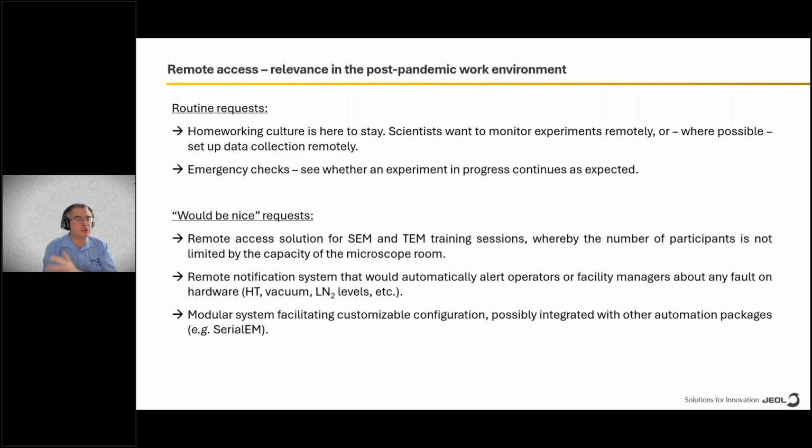We don't need access to all of the options, because certainly no one is going to apply aberration-free image shift while driving. That should not be allowed. But things like blank the beam or close the valve, stuff like this. These emergency functions could make life easier.